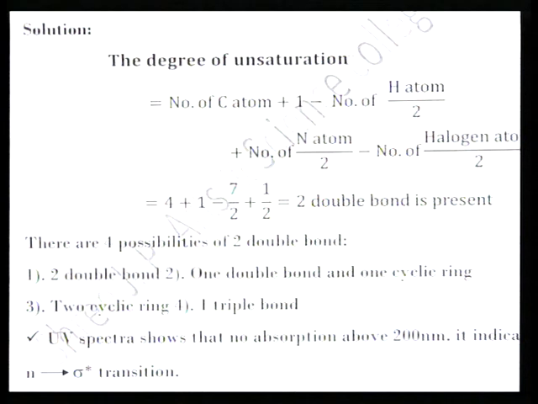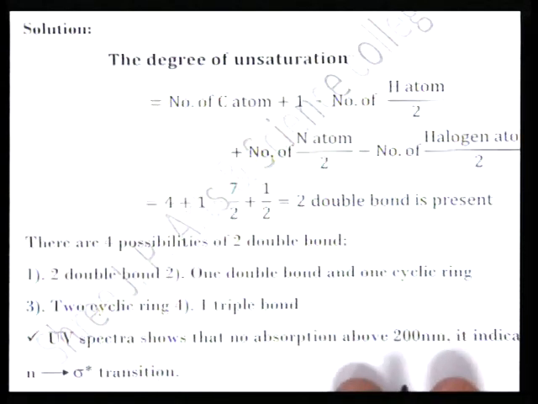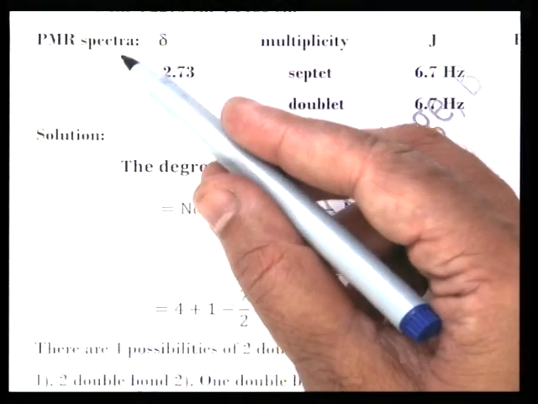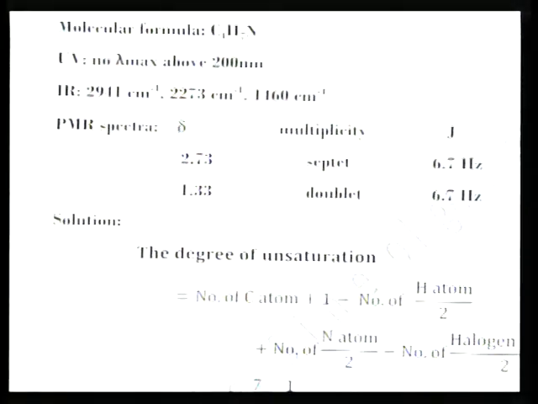So, the compound has molecular formula C4H7N, with 1 nitrogen. An odd number of nitrogen means the molecular weight is odd as per the nitrogen rule. So, the 1 nitrogen is in the form of a nitrile group. The other band, the IR absorption at 2941, indicates aliphatic C-H stretching, that is, sp3 C-H stretching vibrations.